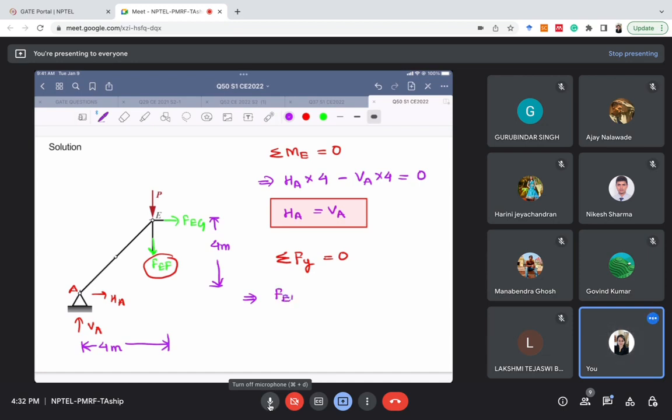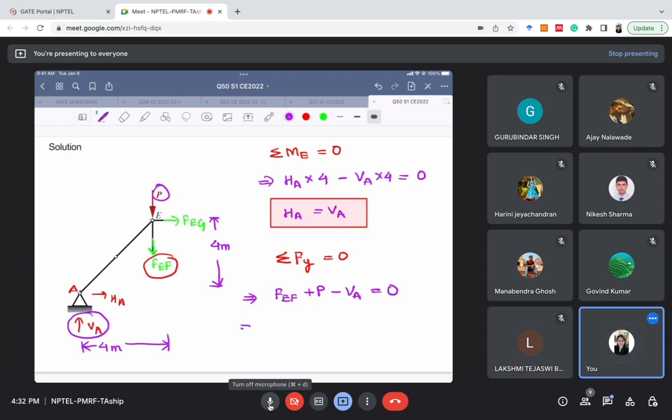FEF plus P is also in y direction, right? And the force in y direction is VA, which is in opposite direction to FEF. So let's call it minus VA equal to 0.